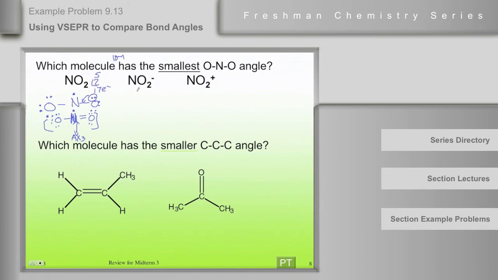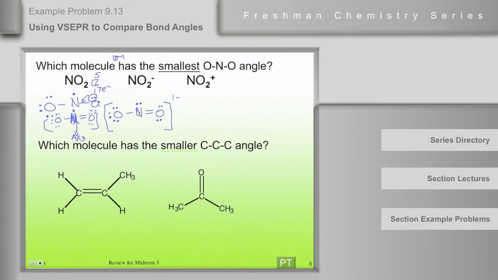Now, if we take NO2 minus and we do the same thing, we're going to get the same result, except we're going to have a pair of electrons here now. It just has one more electron. Okay?